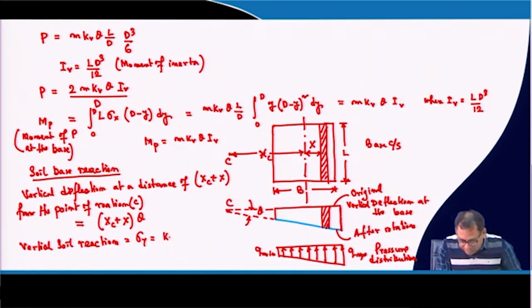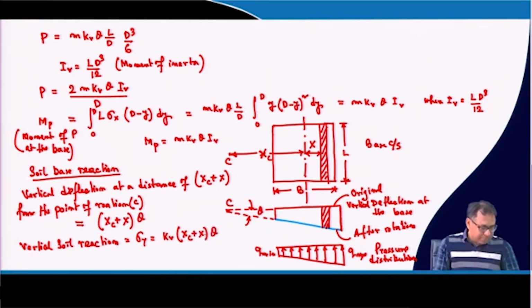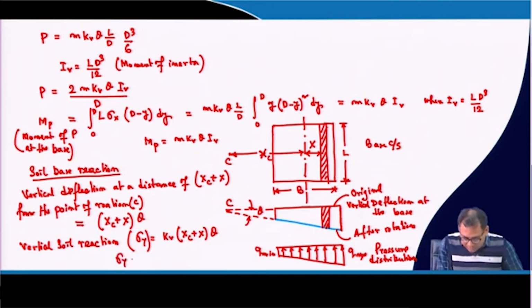This will be kV into x c plus x into theta. Okay, so this is the sigma y at any distance from the point of rotation, or I should write sigma y is kV into x c plus x into theta.